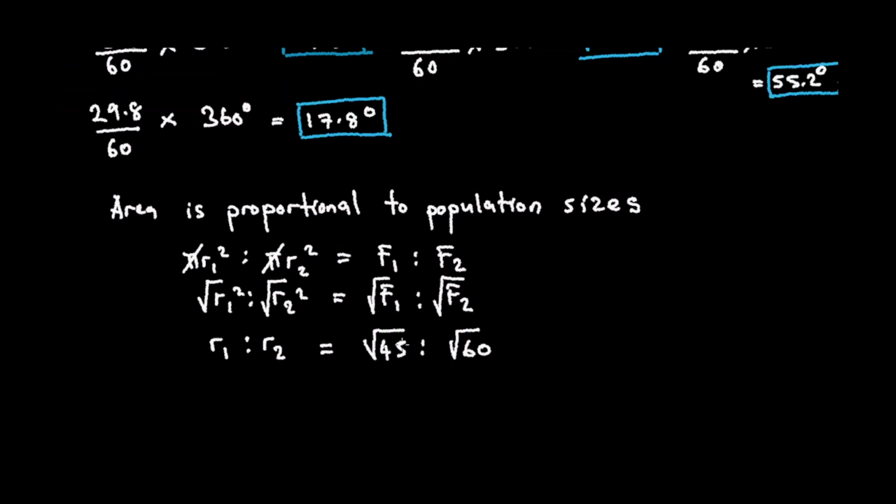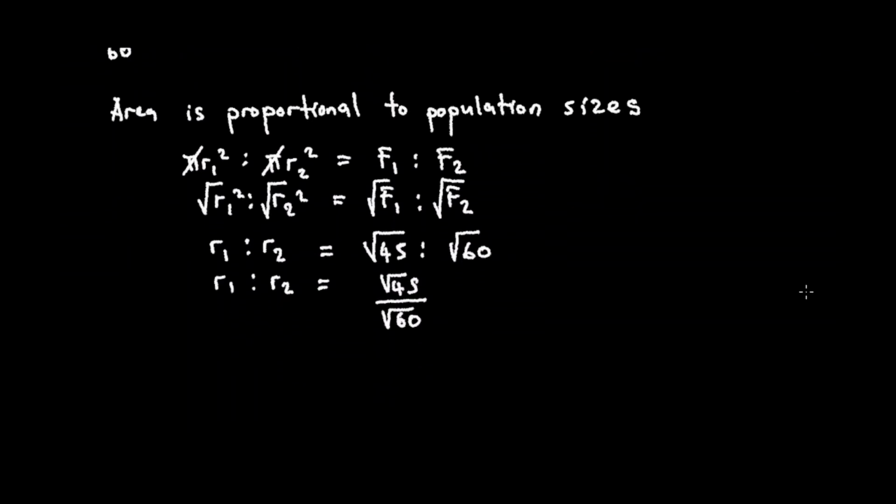So now, it's actually interesting, the ratio r1 is to r2 is equal to, this can be written as a fraction, remember. Then we go to our calculator, we put that in the calculator as is: the square root of 45 divided by the square root of 60. What answer do we get?